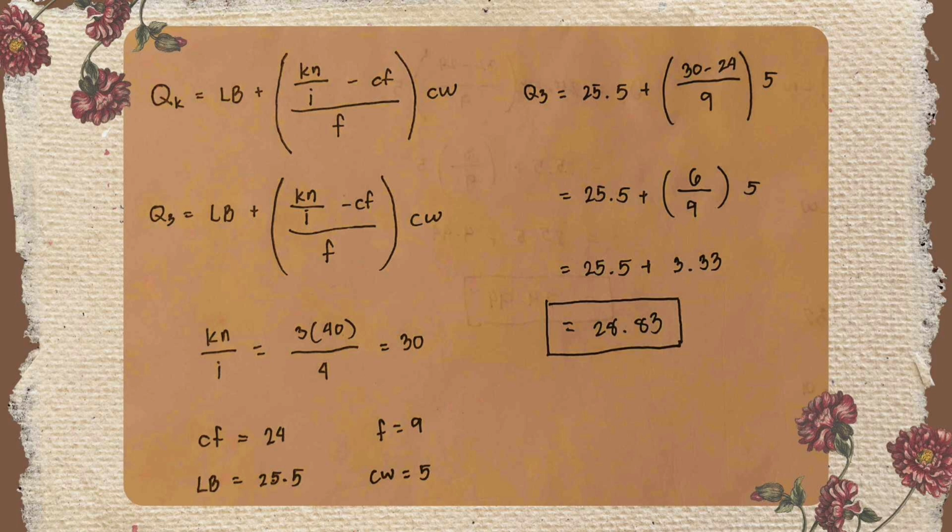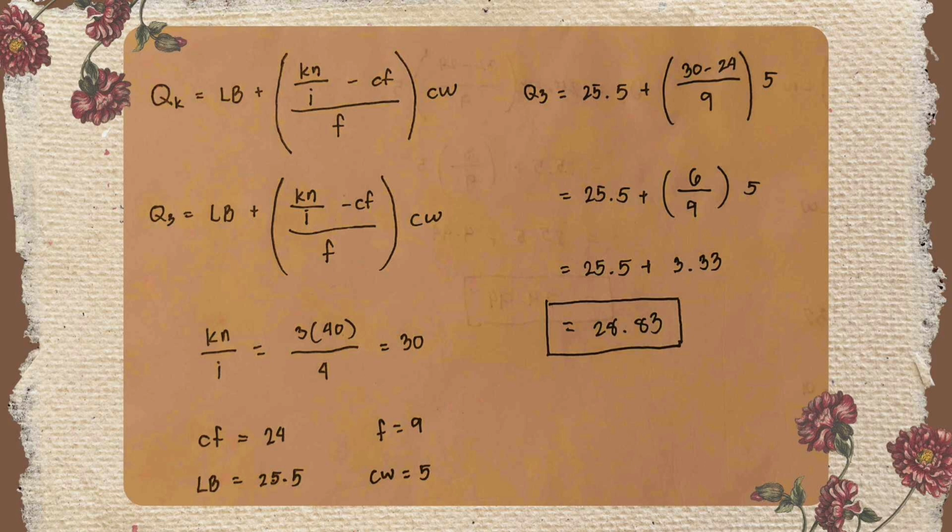Let's find the value of each. Kn over I is equal to 3 multiplied by 40 over 4, which is equal to 30. CF is 24, LB is 25.5, frequency is 9, and CW is 5.